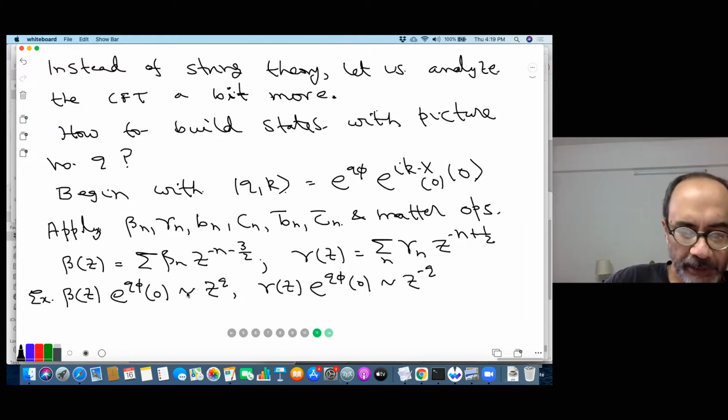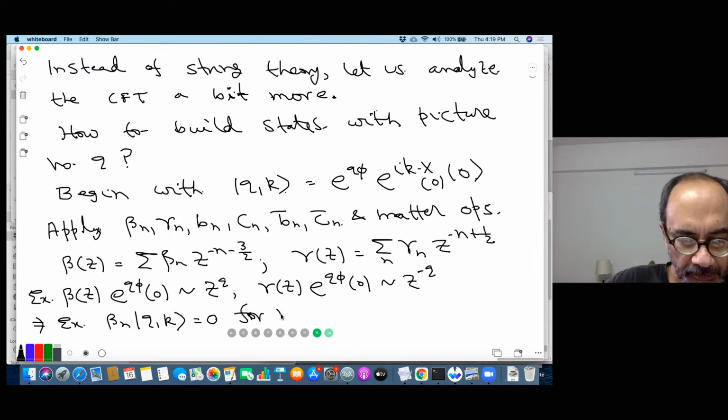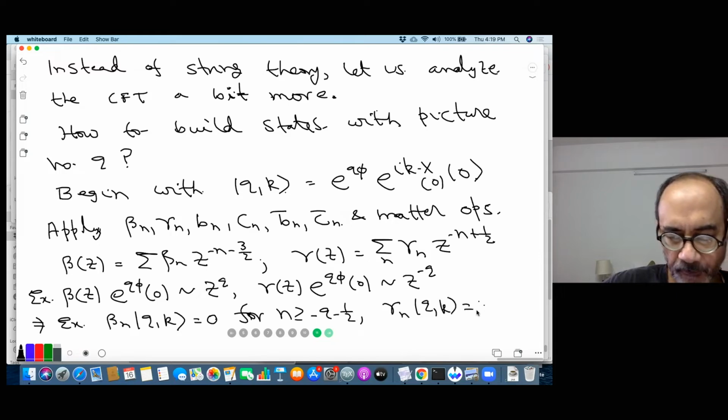So just by comparing these two, you can check, and again I'll leave it as an exercise, this is a simple counting, that beta n on the state is 0 for n greater than or equal to minus Q minus half, and gamma n on the state is 0 for n greater than or equal to Q plus 3 half.